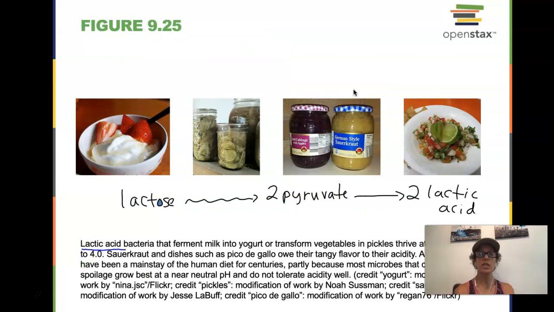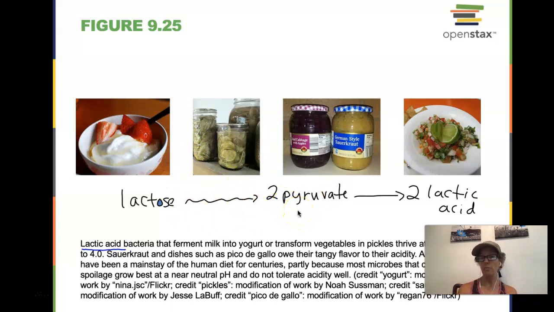Fermentation that we mentioned in the previous chapter can be used for lots of different food production. We could take the lactose sugar and undergo glycolysis, this squiggly arrow representing the entire process, and that would make 2 pyruvate. That will happen whether or not oxygen is present. If it's an aerobic metabolizer, it will do glycolysis and produce pyruvate.